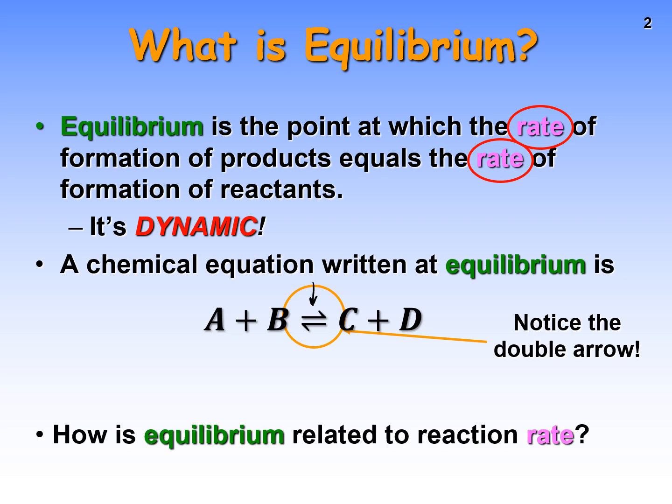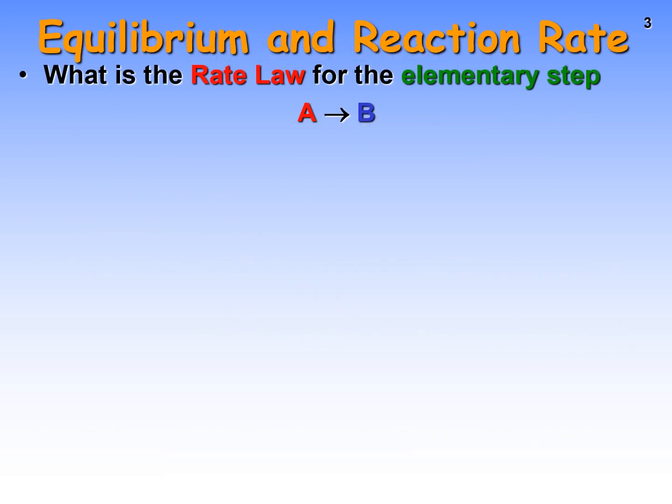How is equilibrium related to reaction rate? We talked a little bit about this near the end of chapter 14 with our mechanistic steps and how we could rearrange those based on the equilibrium setup that we had in some of those problems. Let's revisit that a little bit more. What is the rate law for this elementary step?